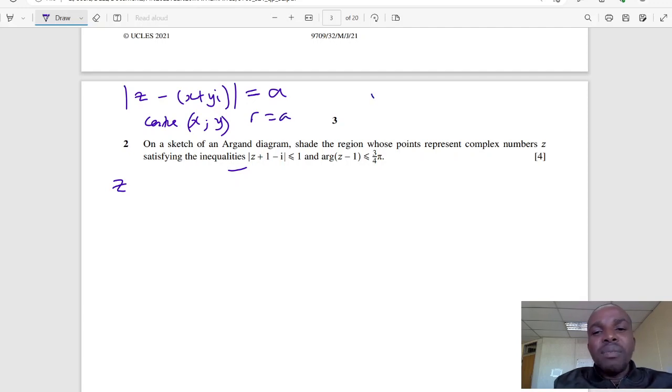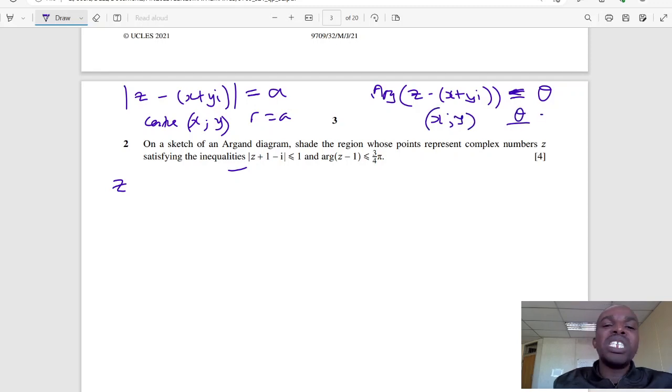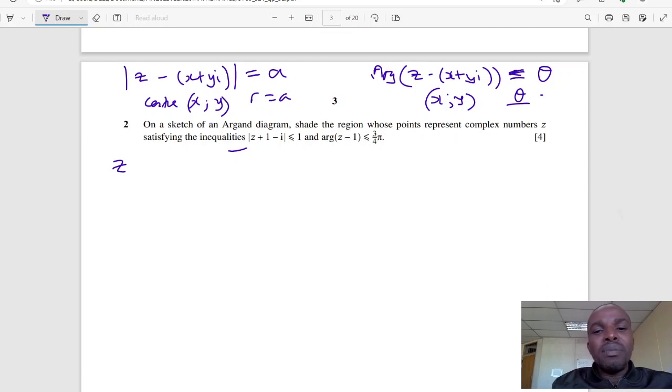Then the argument of z minus x plus yi, equals to theta, represents a line having one end at point xy and making an angle of theta with the positive x-axis. So that's how you interpret the arguments of a complex number.